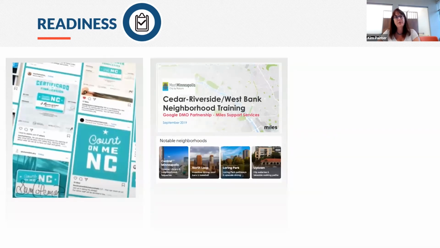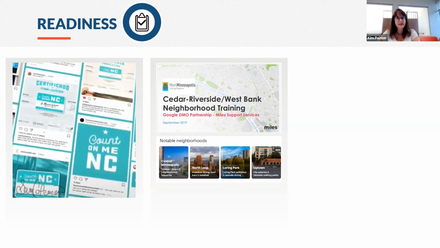Readiness can also be a diversity, equity, and inclusion strategy for your destination. For example, in Minneapolis, Meet Minneapolis and the city of Minneapolis work together with a number of community associations to evaluate and help to upskill the businesses in those communities that they were looking to do more visitor dispersal to.